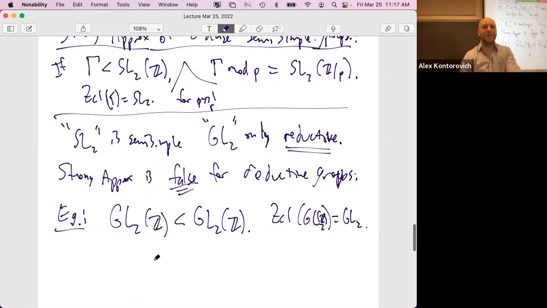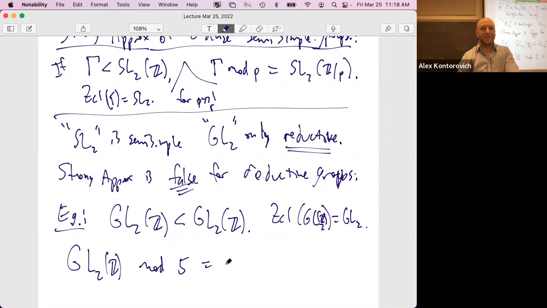Right? What's the reduction of GL2Z mod 5? You take all 2 by 2 matrices with determinant plus or minus 1, you reduce them mod 5.